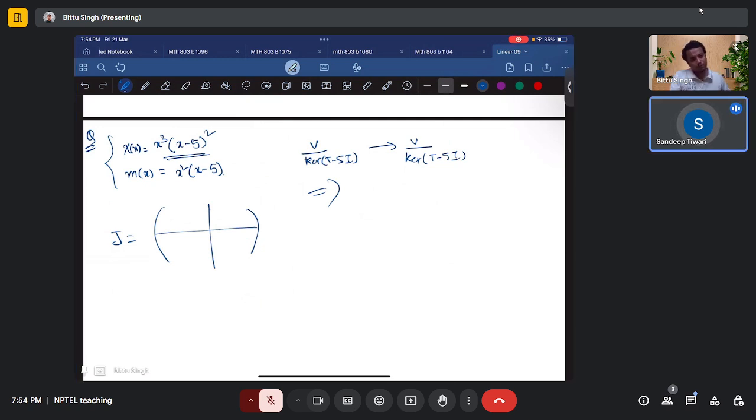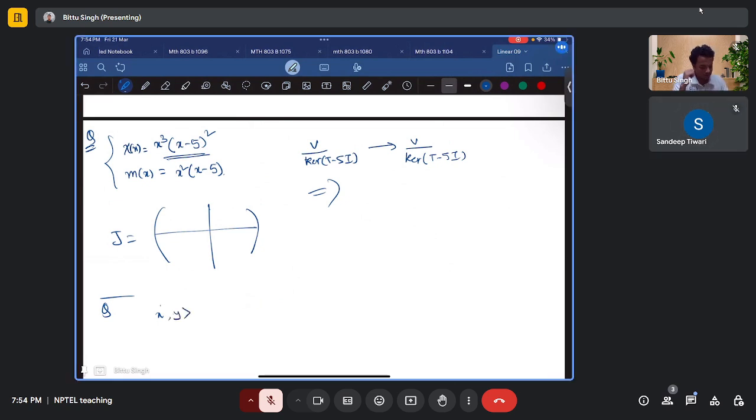Sir, if an inner product is defined like the inner product of (x1, x2) and (y1, y2) is equal to x1 y1 plus 2 x1 y2 plus 2 x2 y1, then how can we check whether this is an inner product or not? Let's say it has so many terms, then checking the conditions will be cumbersome. Whatever you are telling is true. For those kinds of quadratic combinations, checking whether they are inner products is really hard.